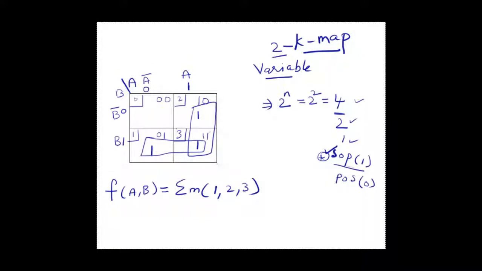I'll write down the solution for this. Now first I have grouped this. You always check which is the common term here. For both the ones, B is common. For A, you have A bar for this one and A for this one, so A is not common, whereas B is common.